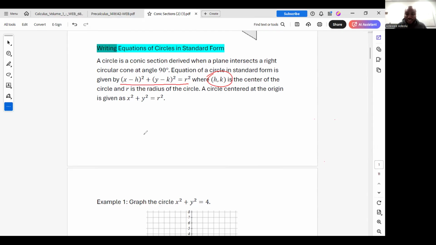If the circle is centered at the origin, that is, h is 0, k is 0, then we have x squared plus y squared equals r squared as the equation of the circle.